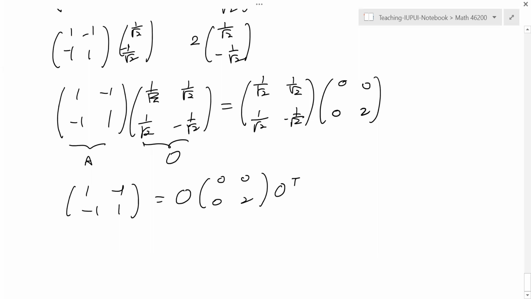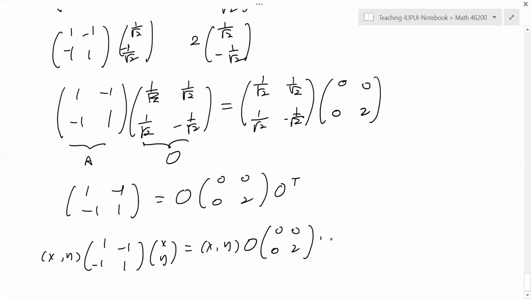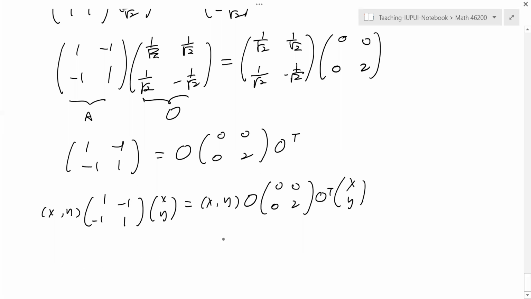All right, then clearly, if you put X here on both sides, X, Y, right? Don't worry about Z. And this one, negative one, positive one here, right? And here, X, Y. So clearly, this is going to be X bar, Y bar.